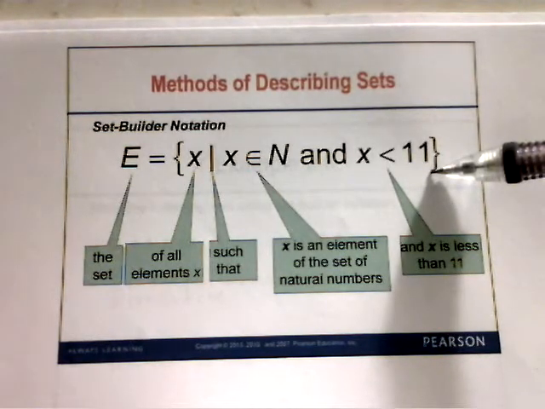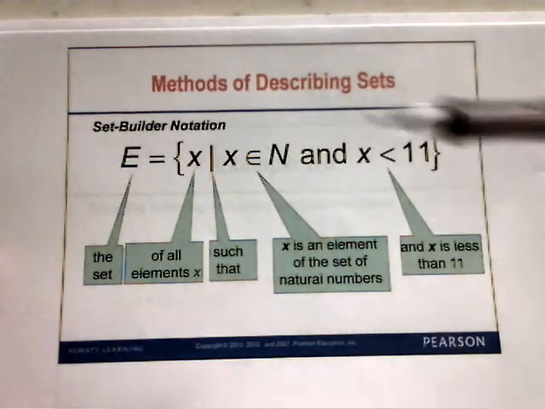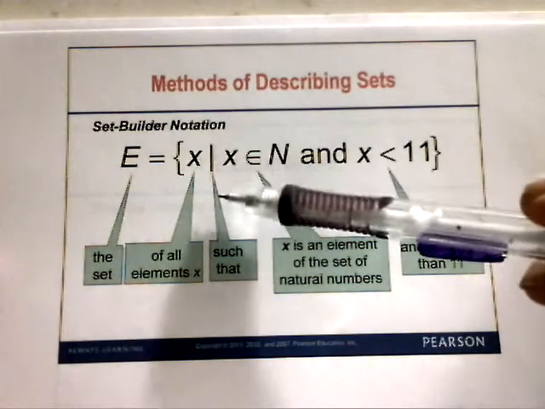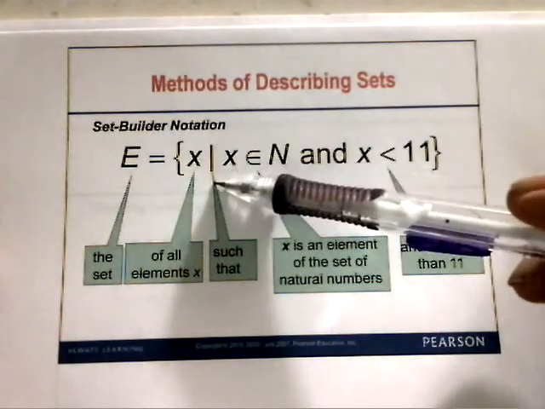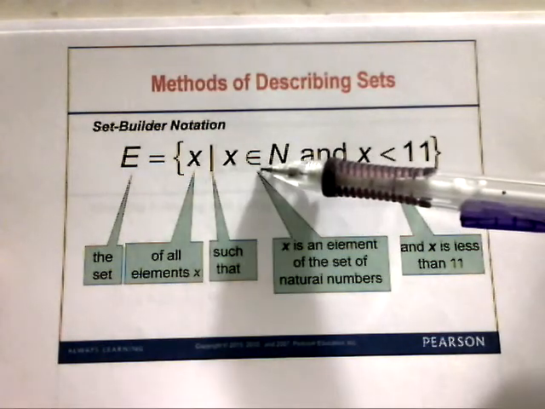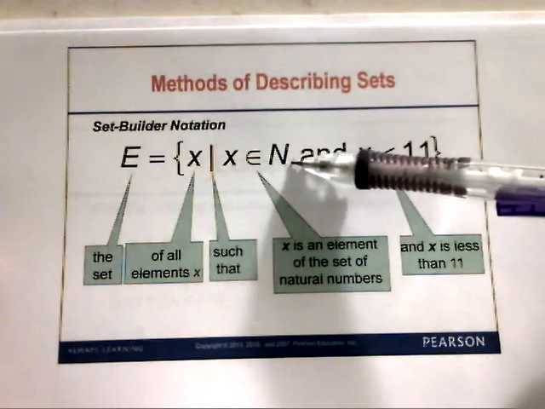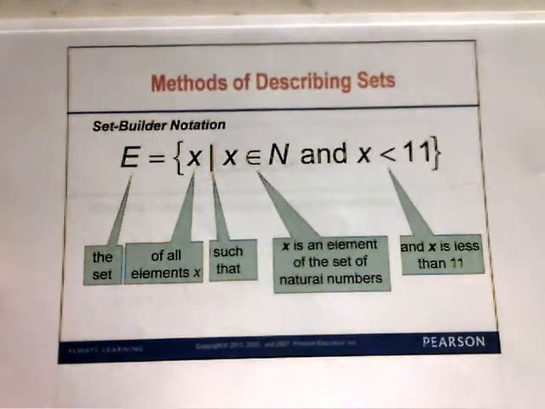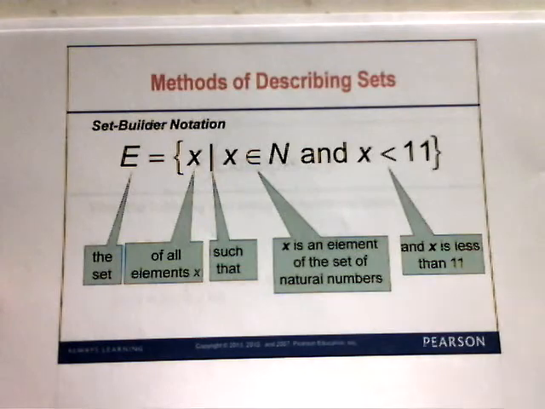That's how we read set builder notation. E is the set of all elements x, such that x is an element of the set of natural numbers called N, and x is less than 11.